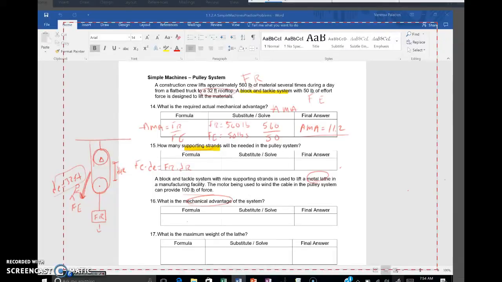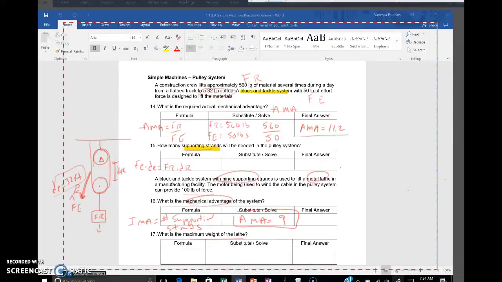And the IMA is going to be the number of supporting strands. Remember that? So if it tells us we have 9 supporting strands, then we know our AMA is going to be equal to 9, right? So that one was easy.